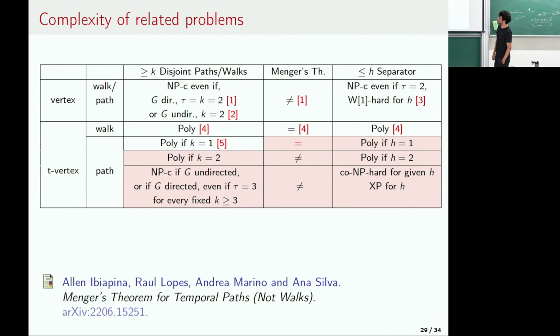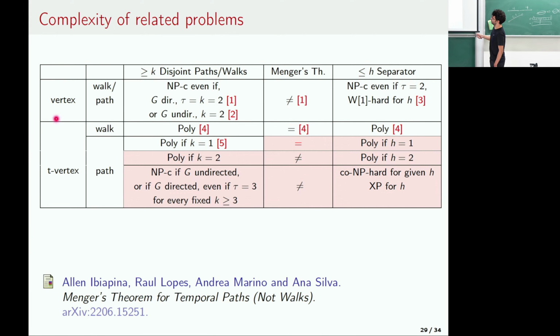Yeah, so this is a big table. I can help you try to interpret this if you want, but it's just saying that the pink things are the things that we did in this work, right? The white things were results that were already known, okay? And this equality in the middle only says whether the Menger theorem holds or not when you are considering these scenarios.